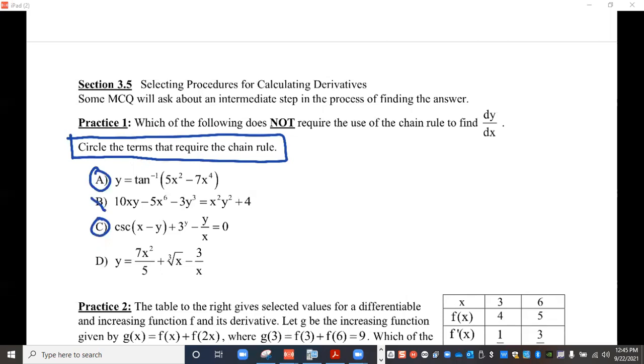What about D? I'm hearing a yes, I'm hearing a no. A, wait, no. Okay. Like I said, just make sure you recognize when you have to use the chain rule and when you don't. Questions on why any of those we use the chain rule versus when we don't.